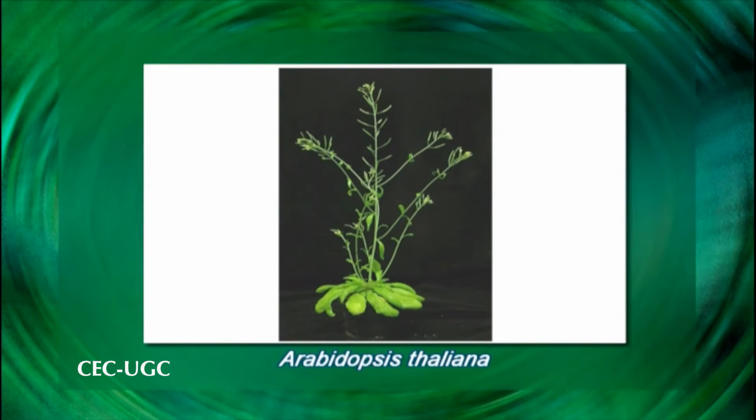In order to understand the developmental sequences and the underlying genetic control in the process of flowering in higher plants, Arabidopsis thaliana has become the ideal model plant. In Arabidopsis thaliana, several transcription factors control the transition from the inflorescence meristem to the floral meristem.